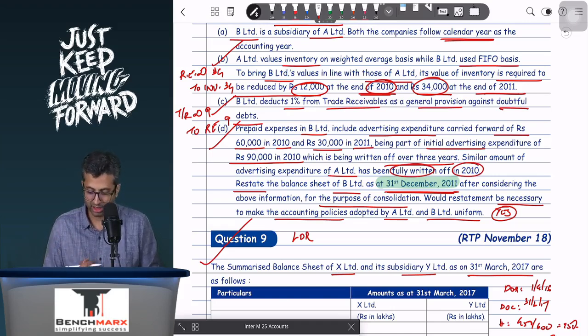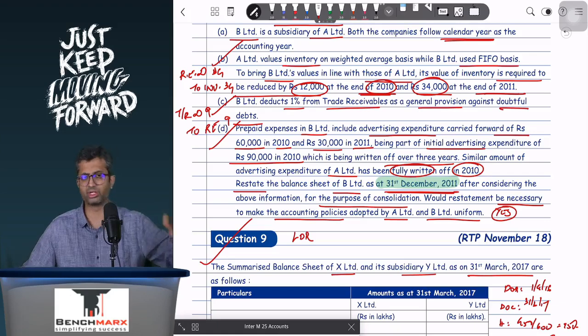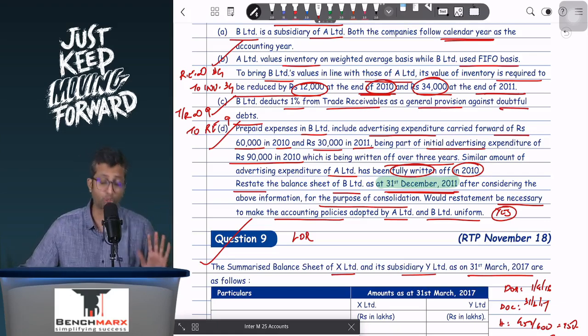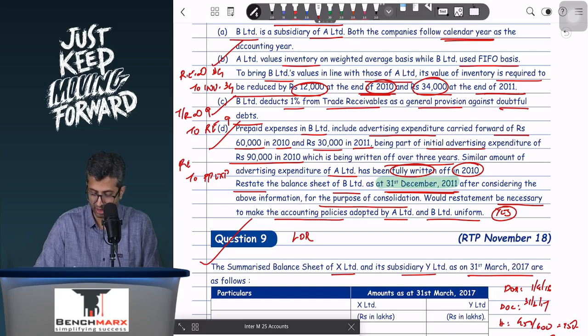So ideally, at the end of 2011, out of the 90,000, 60,000, that is 30 in 2010 and 30 in 2011, has already been written off, but the remaining 30 is yet to be written off. So this is prepaid expense, and ideally where will the effect go? Well, to the retained earnings or the P&L or the general reserve, as the case may be, 30,000.